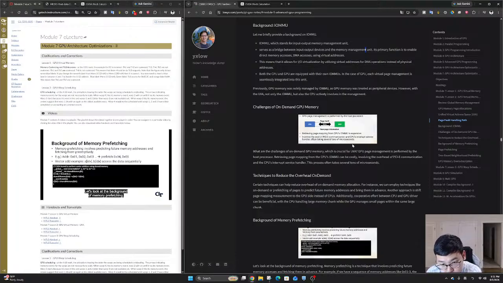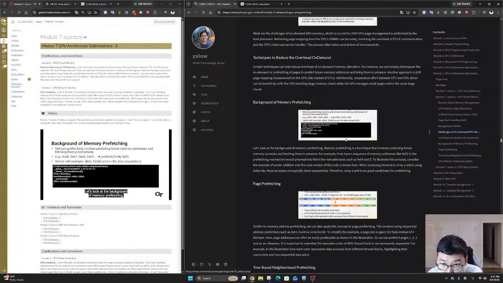Let's look at the background of memory prefetching. Memory prefetching is a technique that involves predicting future memory accesses and fetching them in advance. For example, if we have a sequence of memory addresses like 0x0123, the prefetching mechanism would preemptively fetch the next addresses such as 0x04 and 5.